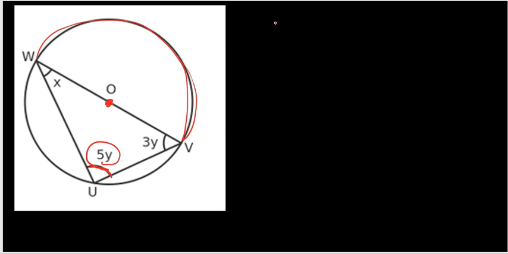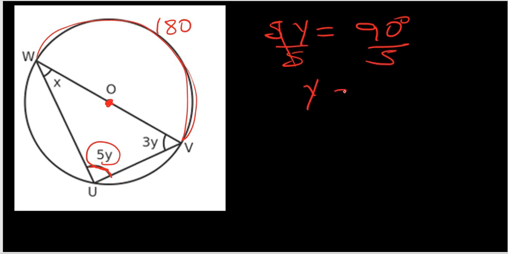That means half of it. So 5y is equal to half of 180 degrees, which is 90 degrees. If you divide both sides by 5, y is equal to 18 degrees. That's y.